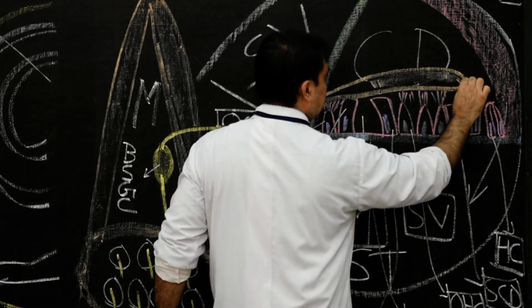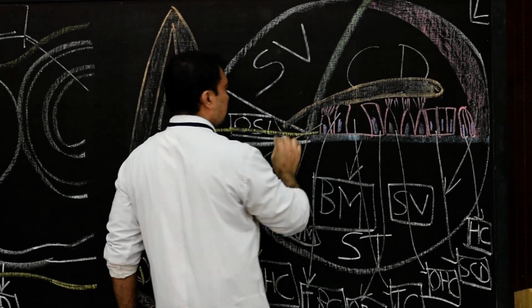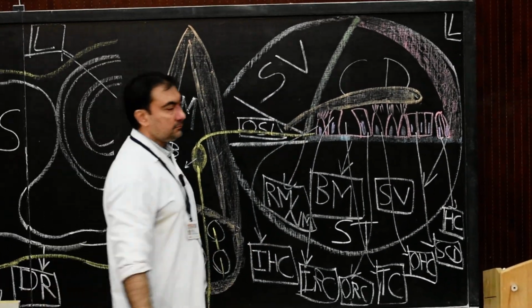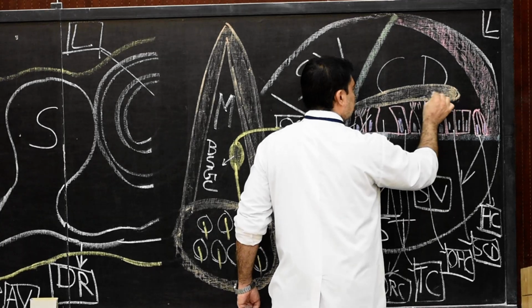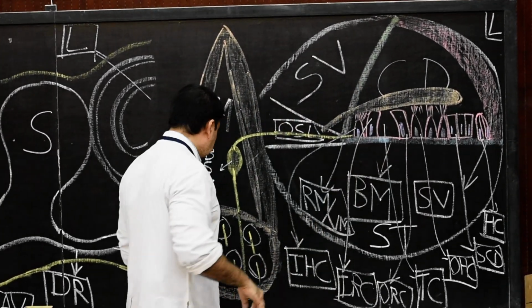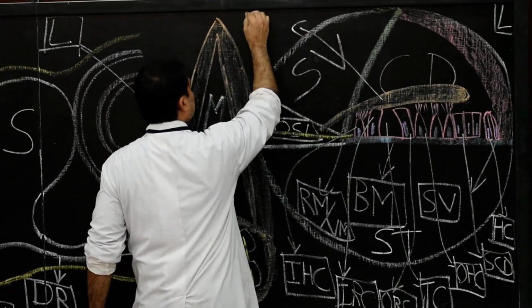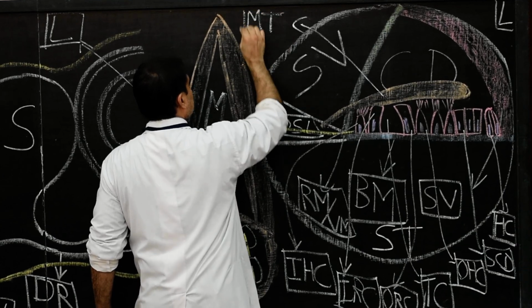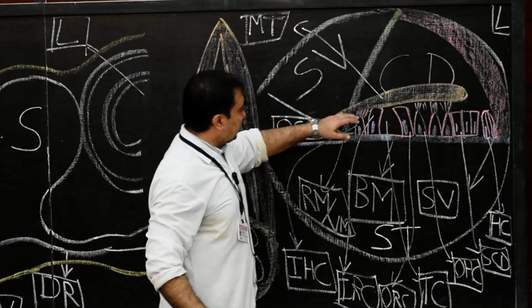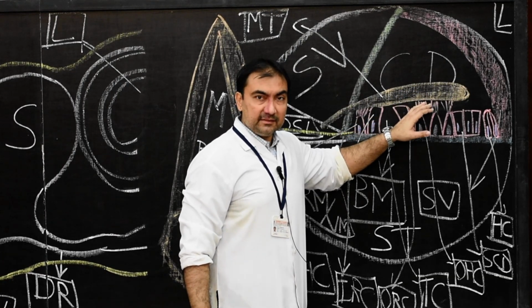And here this structure which I have made is known as membrana tectoria. So we have to mention this as the membrana tectoria. So this is covering the hair cells of inner and outer hair cells.